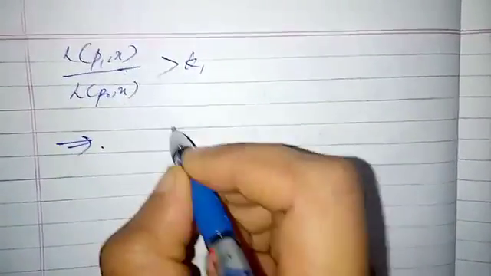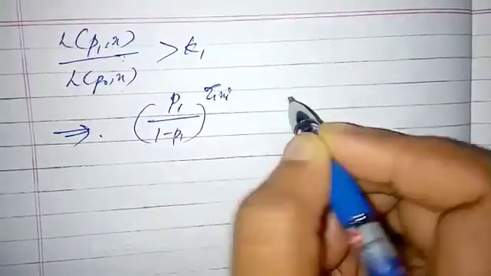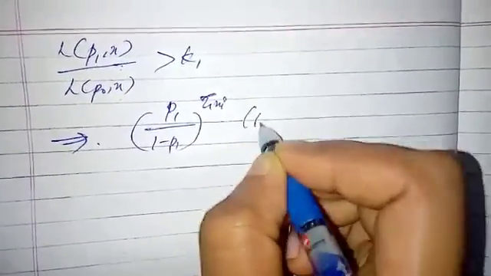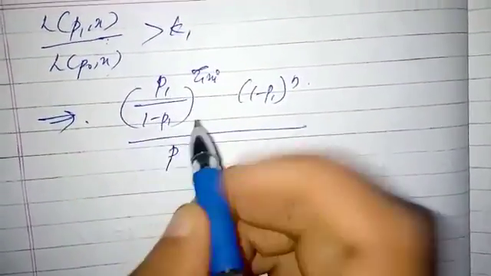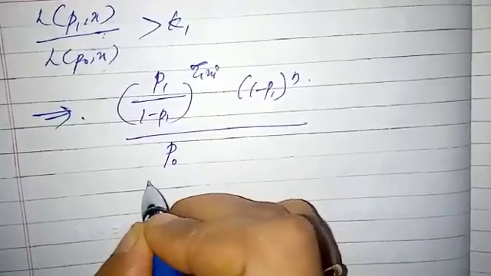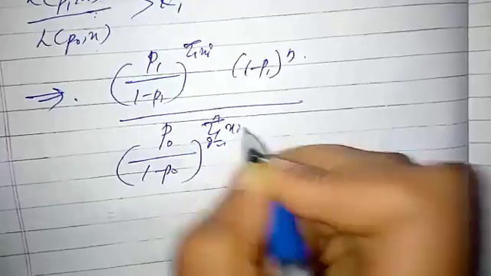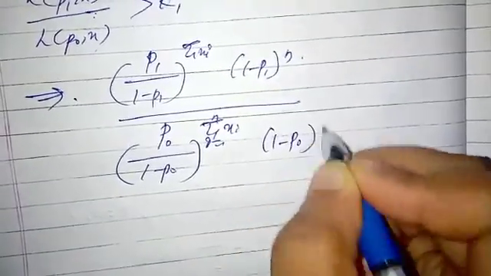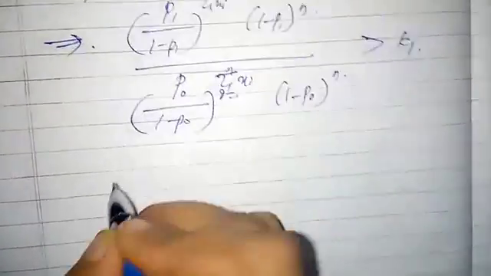Substituting, this is p1 divided by 1 minus p1 power summation xi times 1 minus p1 power n, divided by p0 over 1 minus p0 power summation i from 1 to n of xi times 1 minus p0 power n, which is greater than k1.